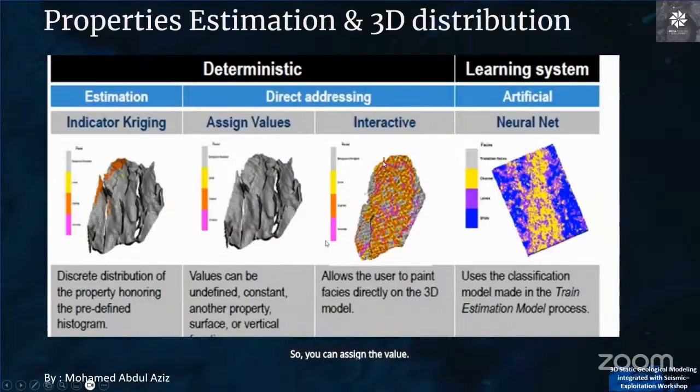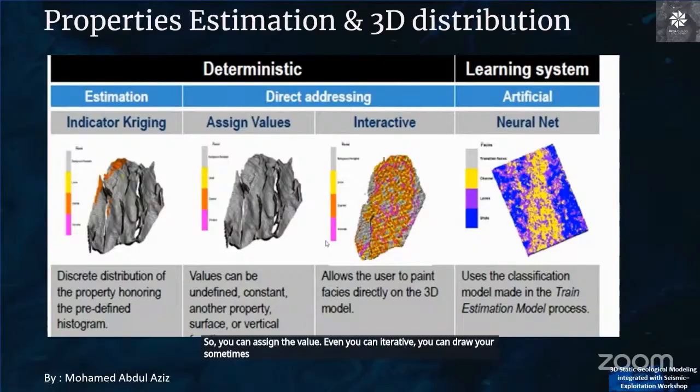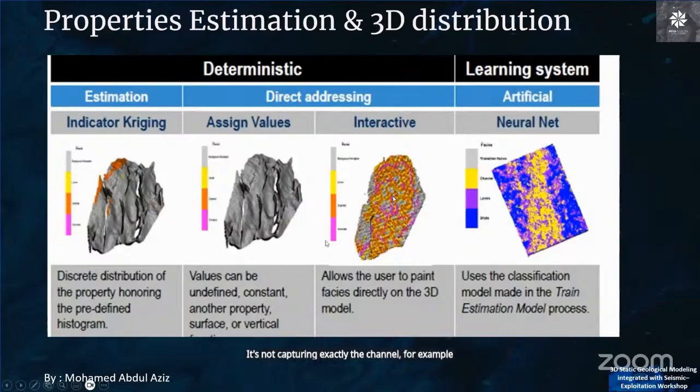Even you can iterate, you can draw. Sometimes your well data is not capturing exactly the channel, for example. So, okay, and you know the channel from the seismic data.